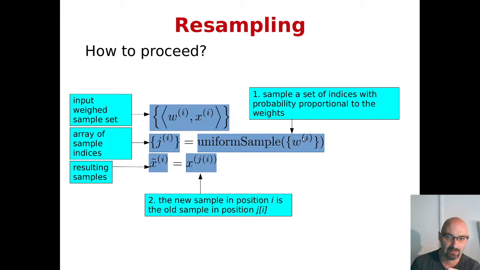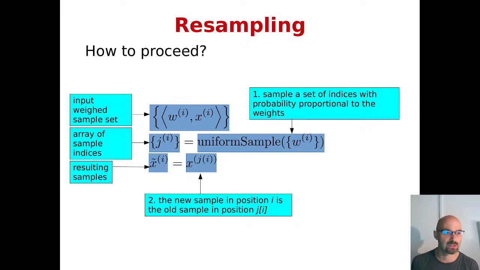So if a weight is high, it is very likely that its index will appear here. Then, once I have this set of indices, I generate samples by selecting those samples that correspond to the indices I selected. So I have a set of weighted samples, I pick the indices, and I pick the new samples with repetition from the previous set.